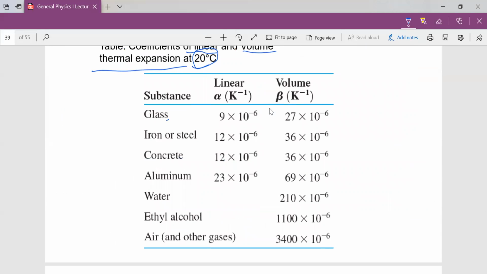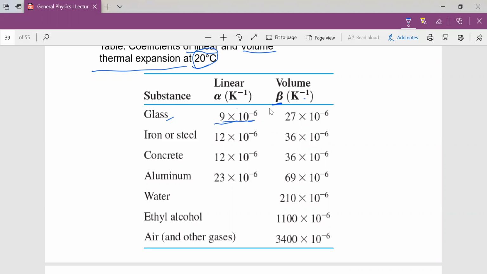We see that of glass having the linear thermal expansion, with the units for the coefficient of linear thermal expansion and coefficient of volume thermal expansion being the same, which is per Kelvin, because we are actually measuring that in terms of temperature change, okay, by applying heat energy.